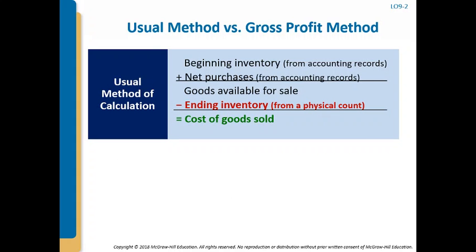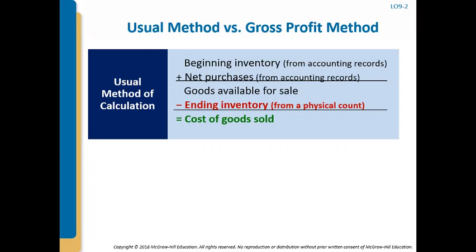And so, if you recall, when you're calculating ending inventory and cost of goods sold, and this is true when you're using the periodic method, you're going to do a physical count at the end of the year.